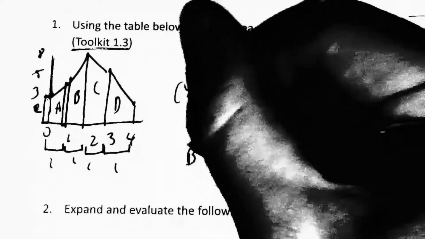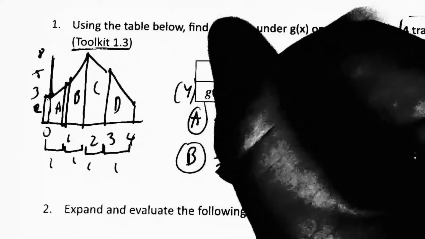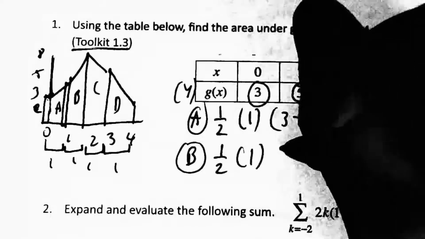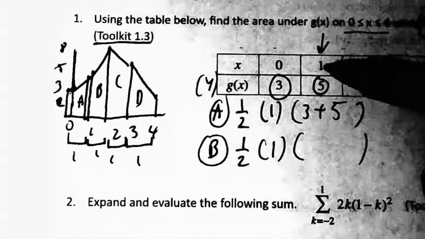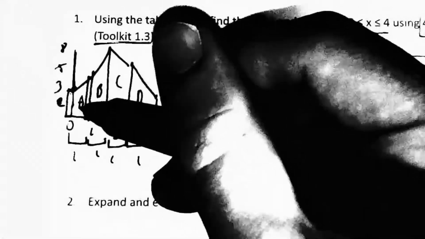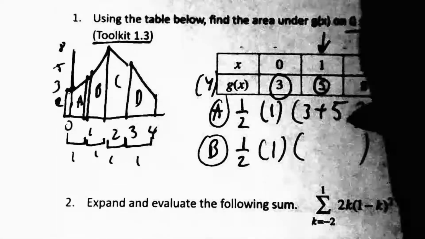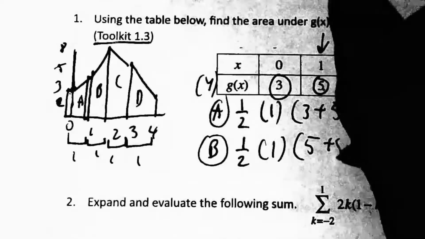For trapezoid B, we do 1/2 times 1 times what? What are my bases for B? Well, we're double counting this one because this is B2 for A, but it's also B1 for B. If you see that, it's a shared height for both A and B. So we pick up where we left off. 5 plus 8.